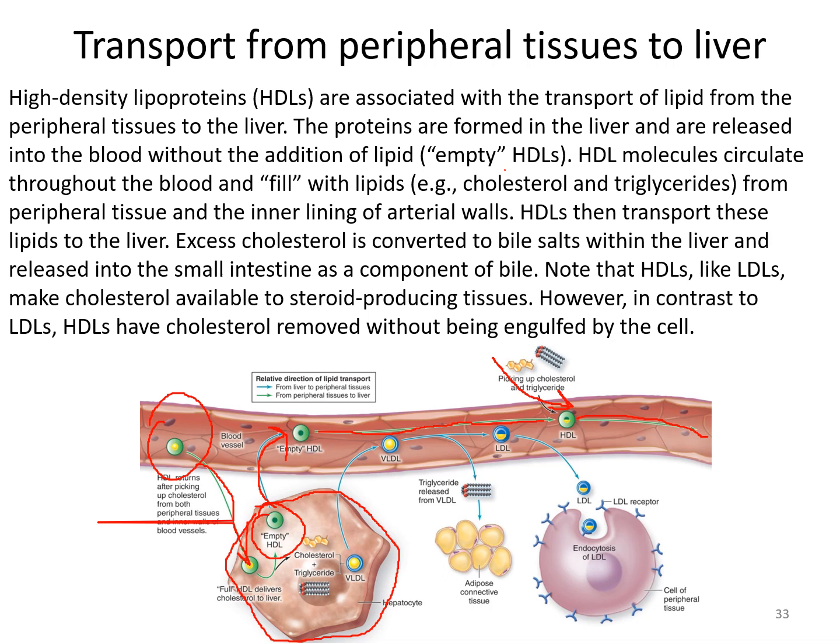So LDL and VLDL take lipids and cholesterol from the liver to the peripheral tissues. HDL does the opposite. It brings lipids and cholesterol from the peripheral tissue back to the hepatocyte. That's mainly what I want you to know about the difference between those molecules.